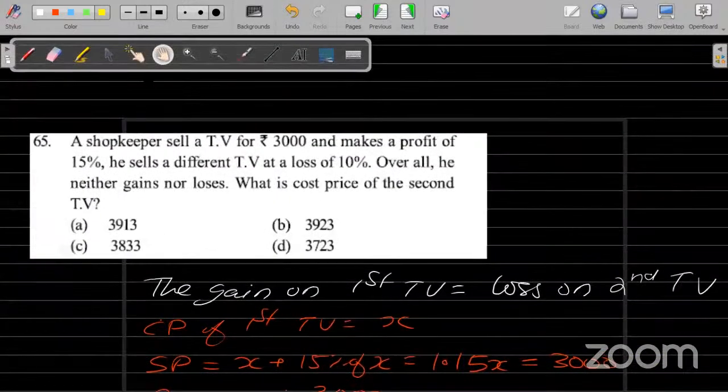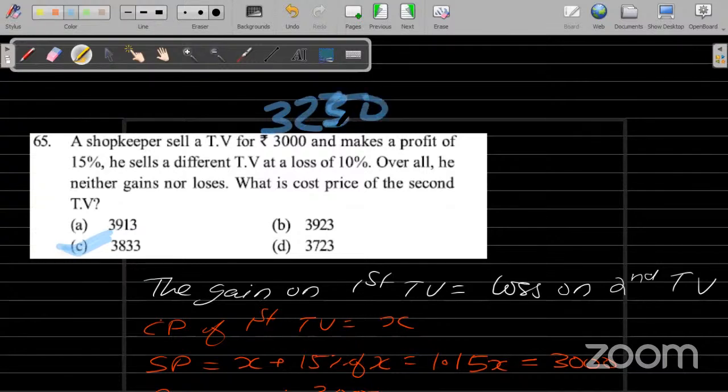This is a question that we need to eliminate. We should not think of answering this question, because the numbers are not good. If the selling price of the first TV is given as 3,250, then we can easily go for that, because 1.15 into 2,320 is something like that.